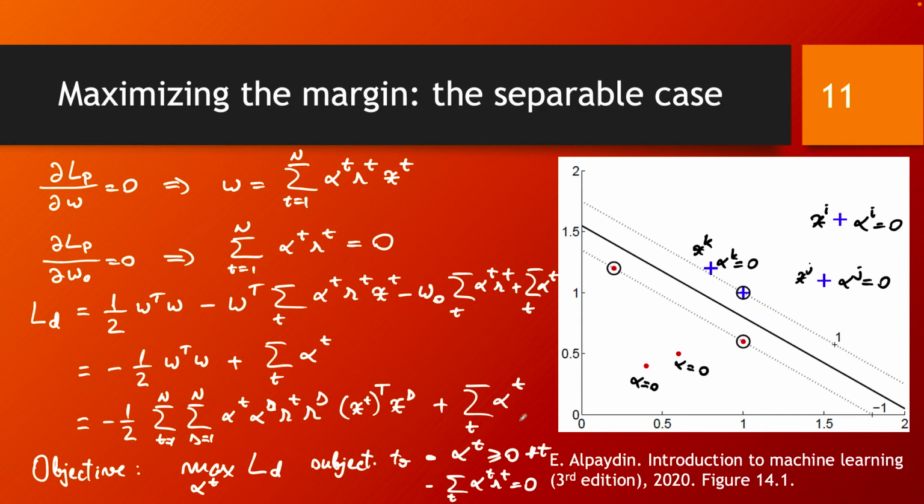So for any one of these data points sitting exactly on the margin, what we have is that rt times W transposed times xt plus W0, this was the distance from the data point to the hyperplane, is exactly equal to 1.